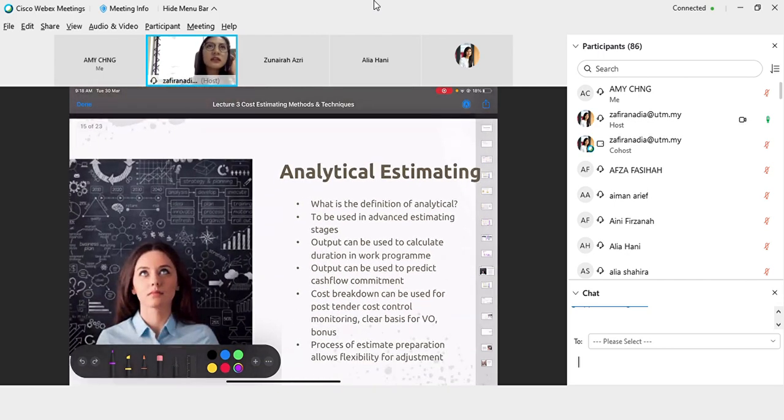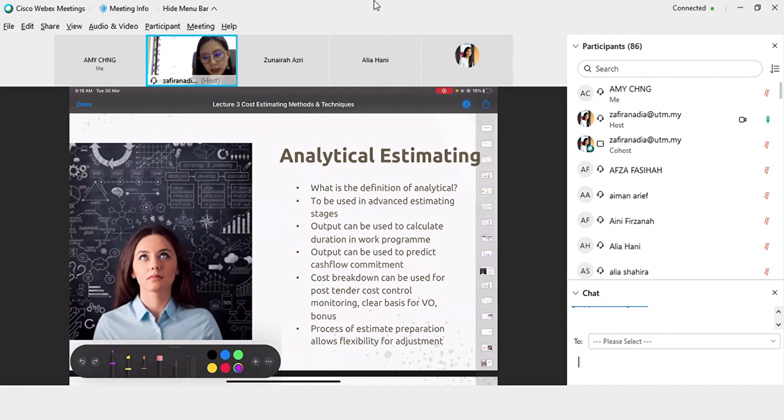But a quantity surveyor in a consultant firm will use analytical estimating later to prepare VOs. We don't cover that part in this subject because it is supposed to be covered in your next subject, but just to give you some heads up and understanding.